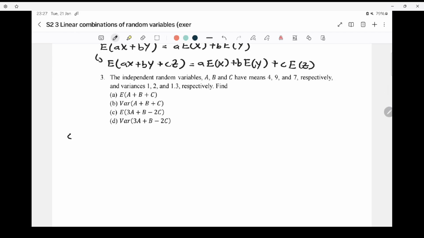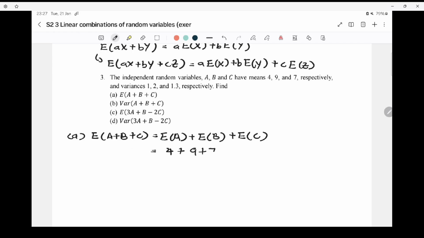So let's look at part A. So E(A plus B plus C) will be E(A) plus E(B) plus E(C). So E(A) equals 4, the other one is 9, and then the third one is 7. So this should sum up to 20.